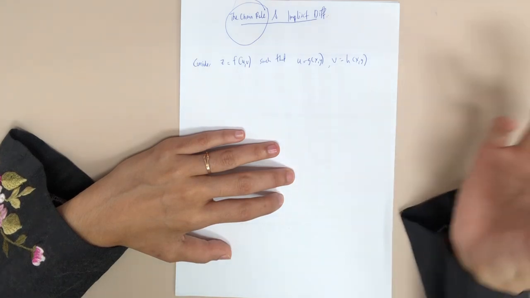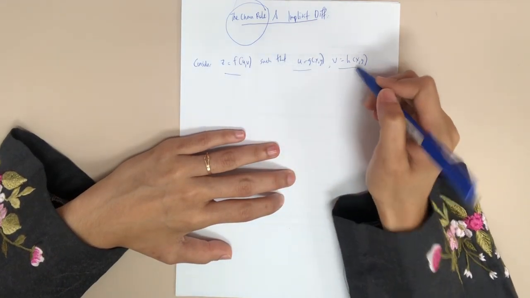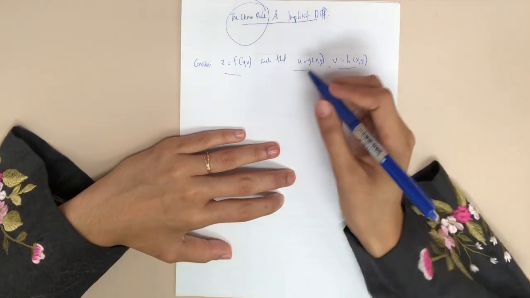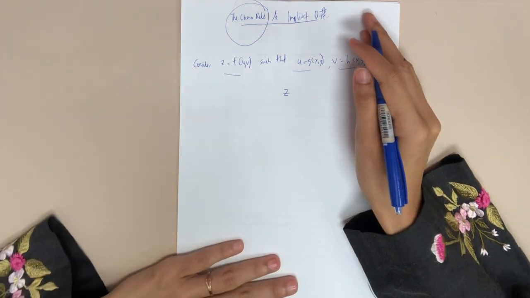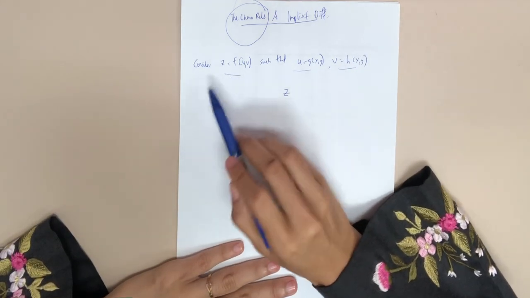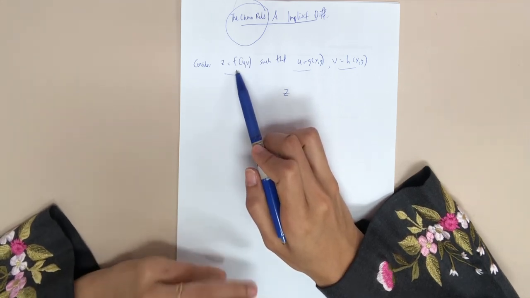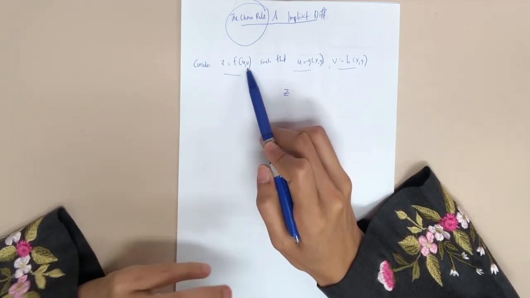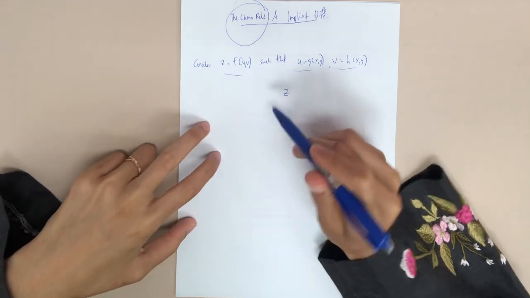So you can see that we have three functions. We start with z first. z is equal to f(u, v). f is your function, u and v are your variables, so in that function there lie 2 variables, which are u and v.